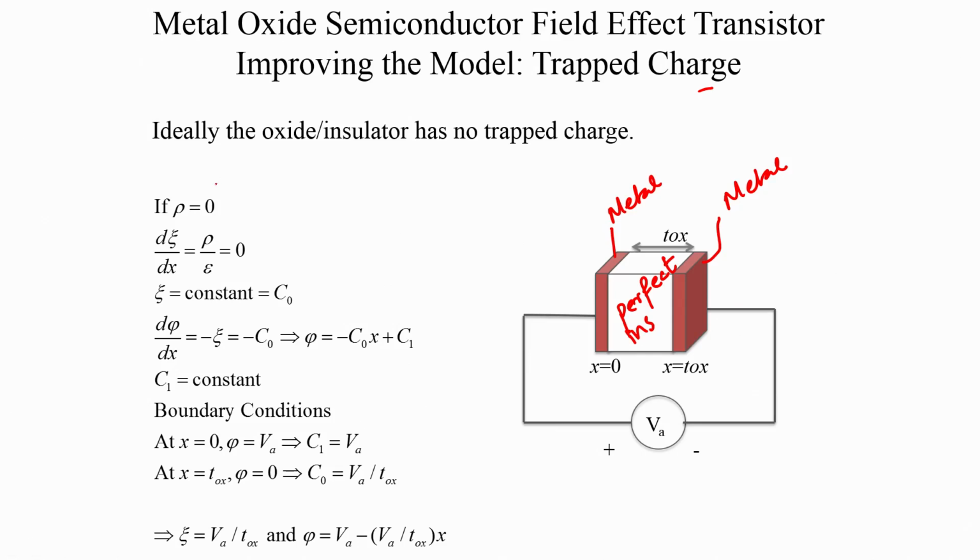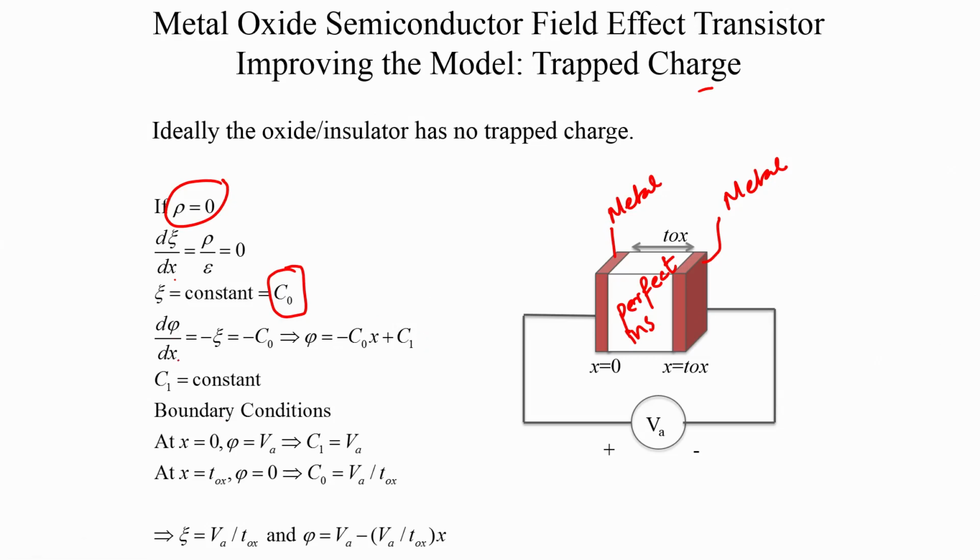Now, if the charge concentration in the insulator is 0, then you have a Poisson equation which is given by dE by dx equal to 0, which means that the electric field in the insulator has to be a constant. Moreover, the potential in the insulator will depend linearly on x.